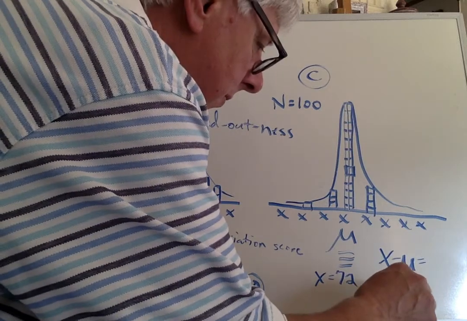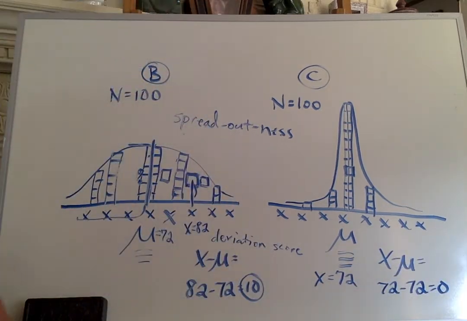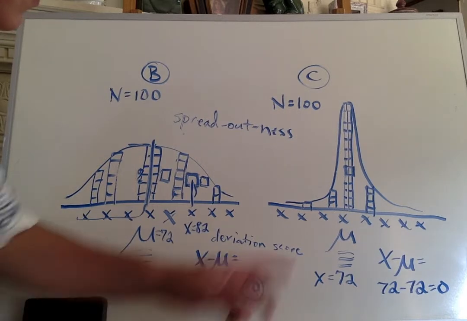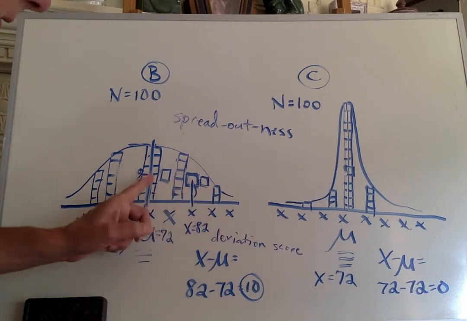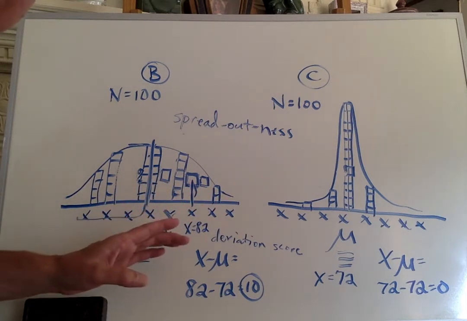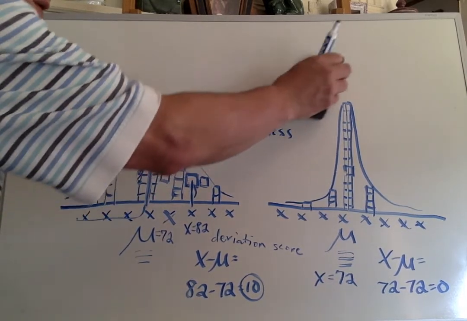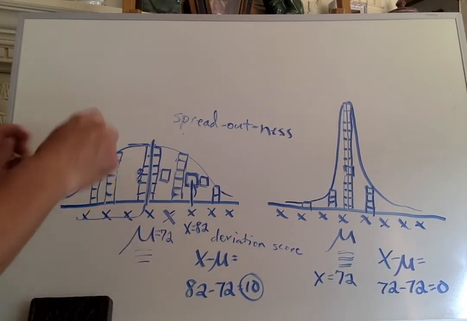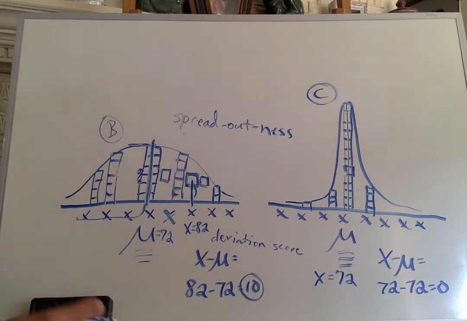So 72 minus 72 equals 0. And of course, that should make sense. This score does not deviate from the mean. This score deviates by 10 points. Everybody with me? This is distribution B. This is distribution C.